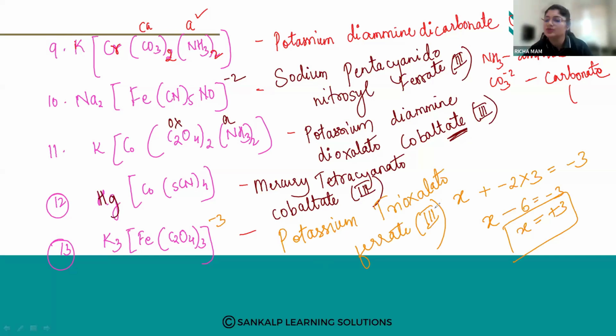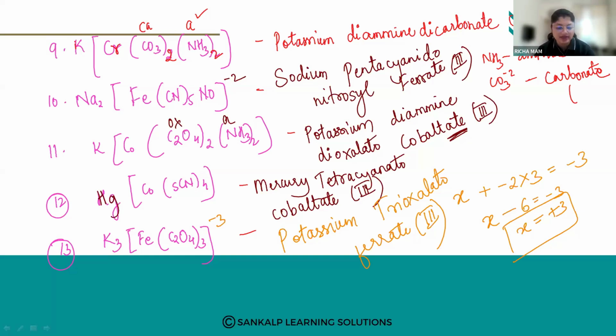Okay. So the remaining, we have to name now the cationic complexes. Then we have to name the complexes which contain both cationic as well as anionic complexes. So in the next class also we are going to see the nomenclature only. Nomenclature is very important from your board exam point of view as well as your competitive exam point of view.